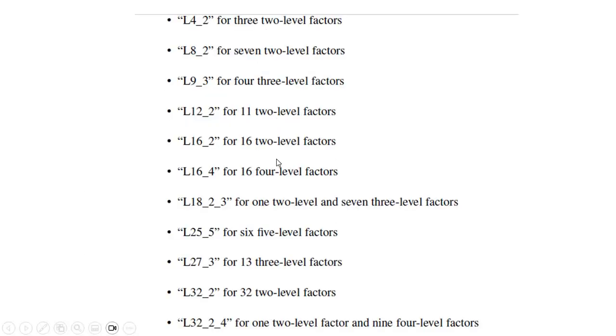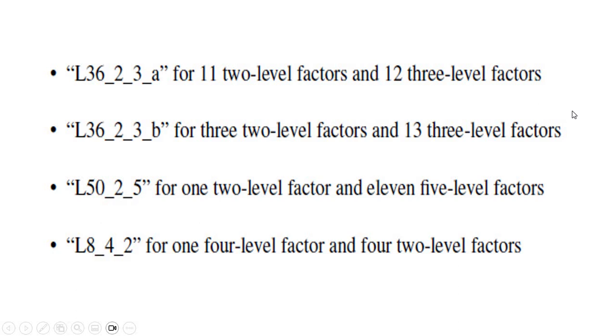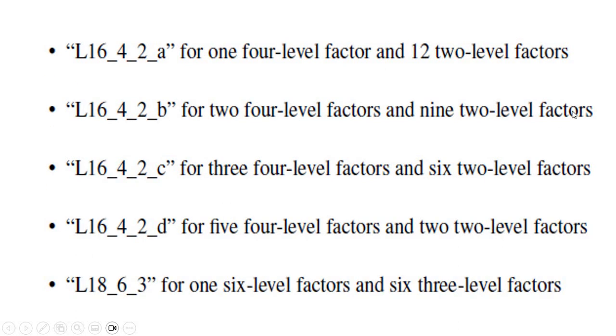So these are the different arrays of the Taguchi design. Say L4 is for three 2-level factors, then L8_2 for seven 2-level factors, then L9_3 for four 3-level factors. As such, these are the different arrays that are categorized in this Taguchi design, and these are the different designs of experiments under Taguchi.